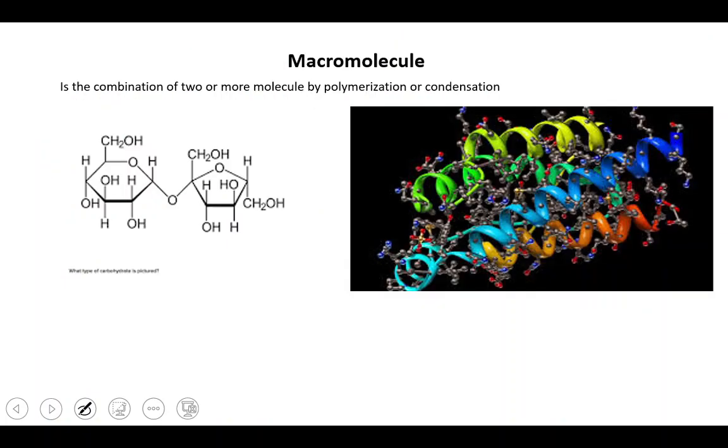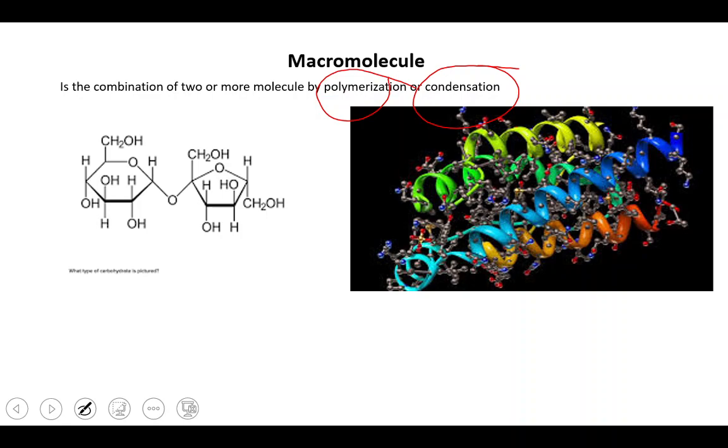Now, let's progress. After molecule, we have macromolecule, which is the combination of two or more molecules by polymerization and or condensation. We are still going to look into polymerization and condensation as we go through our course. It is an inevitable thing to look into in chemistry.